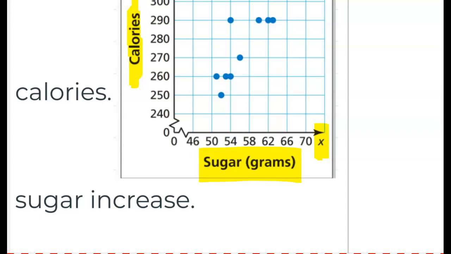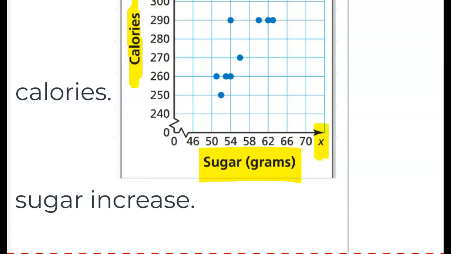If you see your graph, it has this little crinkle in it from 0 to 46. That just means there's no data to put there, so we shortened our graph. And our boxes are going up by 4 each time. So looking for 56, that's going to be directly in between 54 and 58. Each box is going up by 4, half a box would go up by 2.